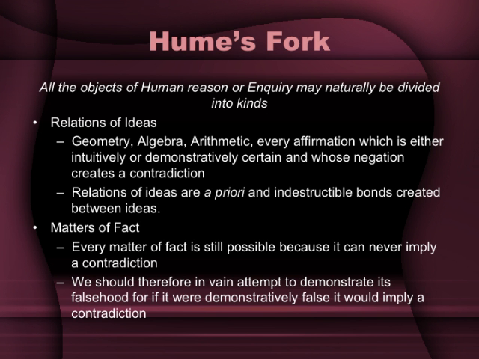Yeah, you may have more evidence for the fact that it will rise tomorrow, but the fact is that it doesn't create a contradiction. All matters of fact have the semblance of possibility because it is in fact possible that the sun will not rise tomorrow. We could have a catastrophic set of events that make it so that the sun does not rise tomorrow in your particular hemisphere, or the earth itself blowing up, whatever it may be.